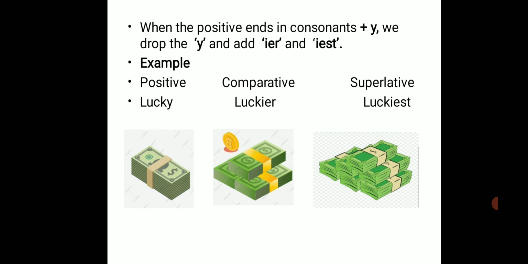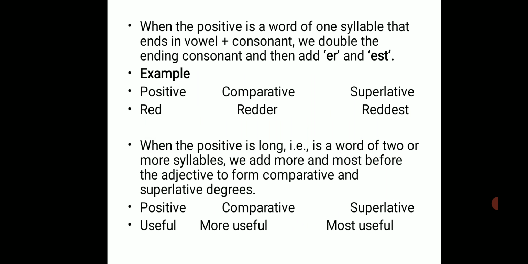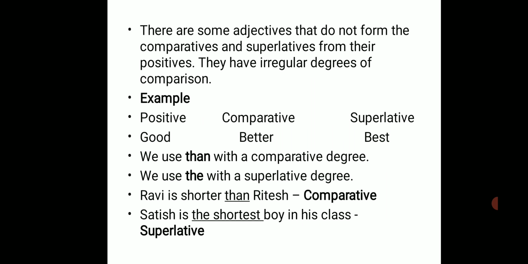Lucky, L-U-C-K-Y, ending with y, but in comparative it takes I-E-R, luckier, and I-E-S-T in superlative, luckiest. Therefore, give attention to word formation and also study adjectives in their 3 degrees and their forms.